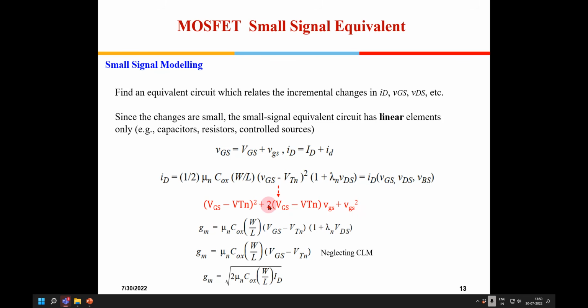So I just do the derivation of this. This VGS vanishes off, and this 2 and this 2 get cancelled. So this is the value of gm which I get. Now if I neglect the channel length modulation, this is the equation which I get.